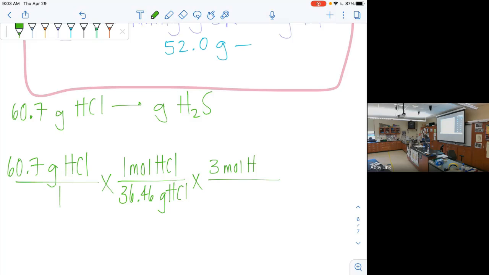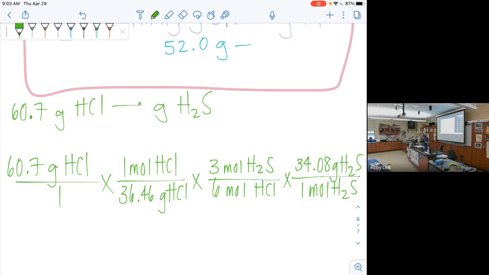So we'll have 3 moles of H2S because that's its coefficient, and then we'll have 6 moles of HCl in the denominator, right? We're trying to get rid of that product there, cancel out those units. And then last but not least, to get to grams of H2S, we're going to need the molar mass of H2S on top. We already calculated it, 34.08 grams of H2S on the top, 1 mole of H2S on the bottom.